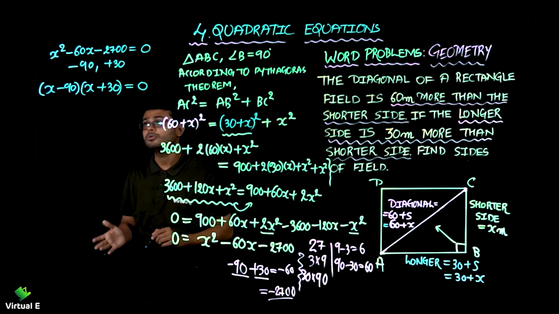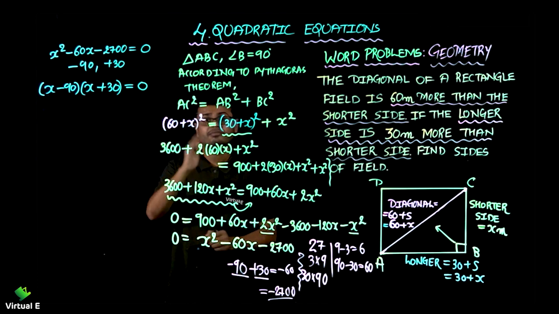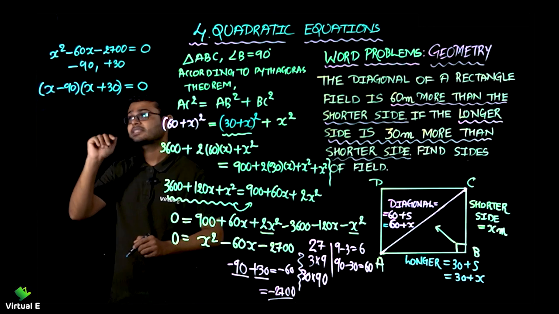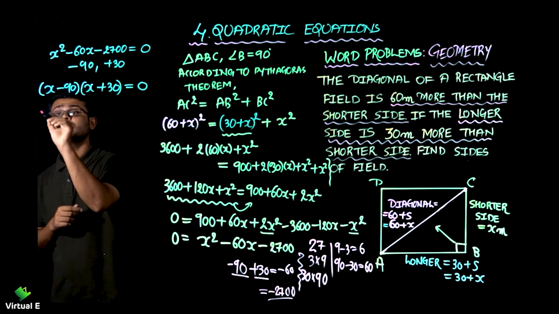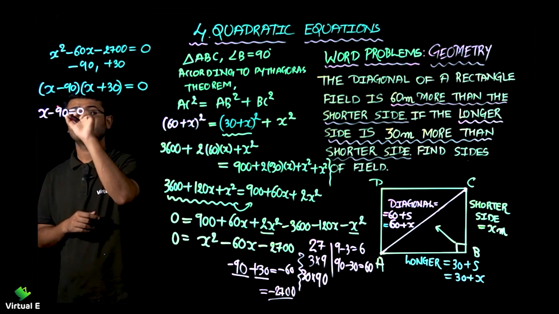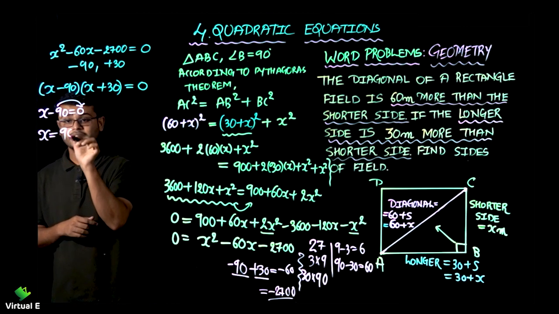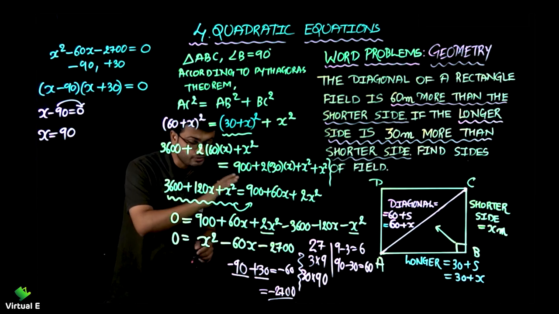Now I'm going to take each factor as 0 one by one and I'm going to get two values of x. Let's start with the first one, which is x minus 90 is equal to 0. Minus 90 will be shifted, so x is equal to 90. That is my first solution of the quadratic equation.